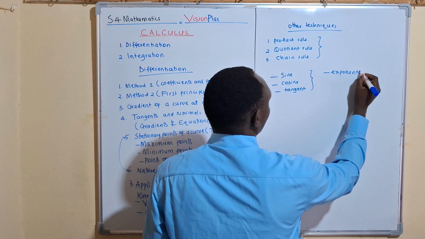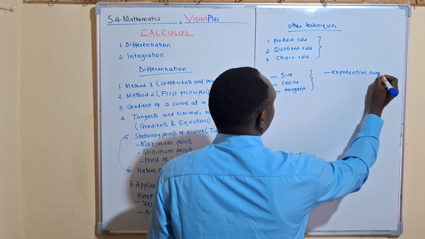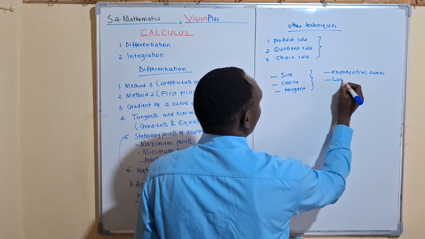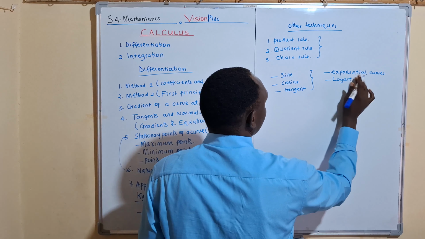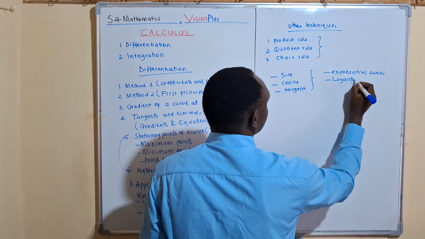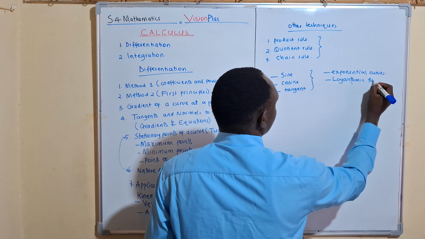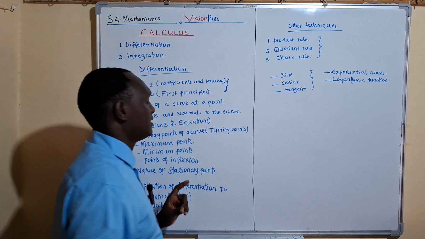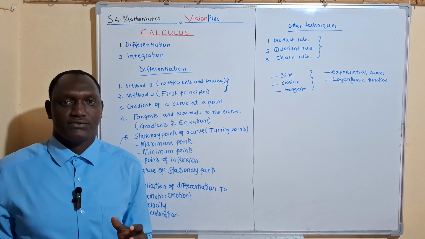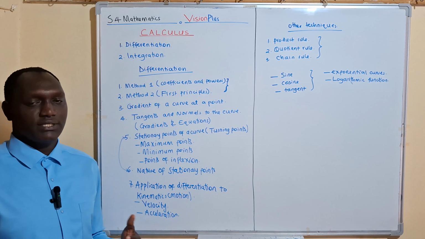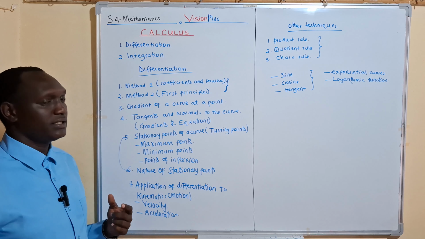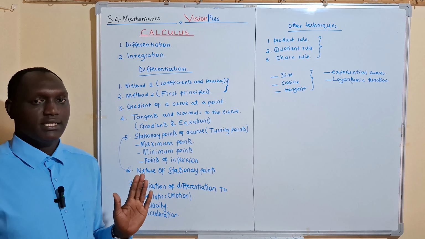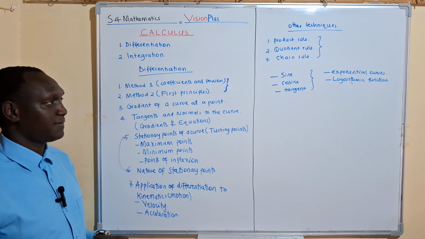And even there are some logarithmic functions that we shall not look at. What we shall look at basically are simple curves like quadratic curves and curves of higher degrees like 3 and 4. We are not going to sketch even these curves in this case.